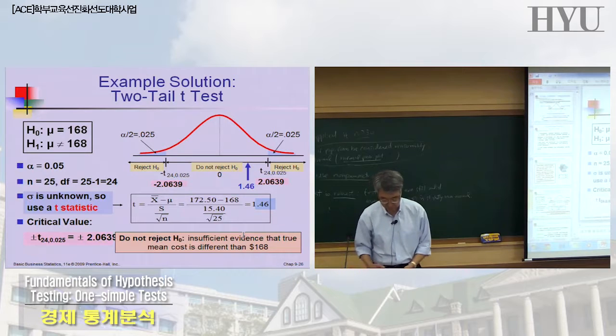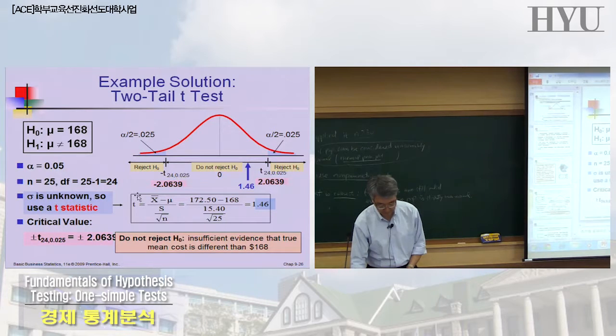It's a two-tailed test. And we are given an alpha level of 0.05. Sample size is 25, degrees of freedom is 24. The test statistic you can calculate this way, using the same formula, came out to be 1.46.